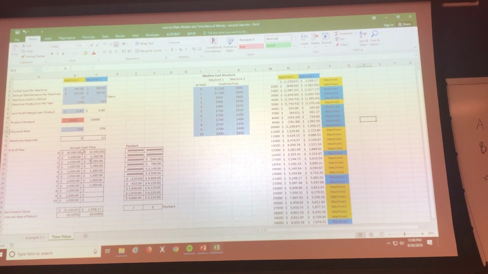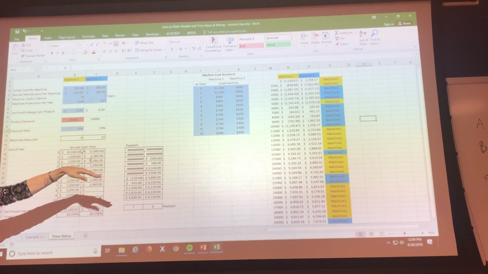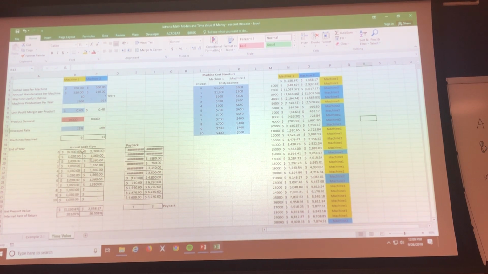If we had just a little more demand and needed a few more machines, it could bump our machine price from 700 to 400, or from 650 to 400. There could be a real jump, a reduction in price by needing a little bit more, or a bump in price by needing a few less machines. And that doesn't happen at the same place either.